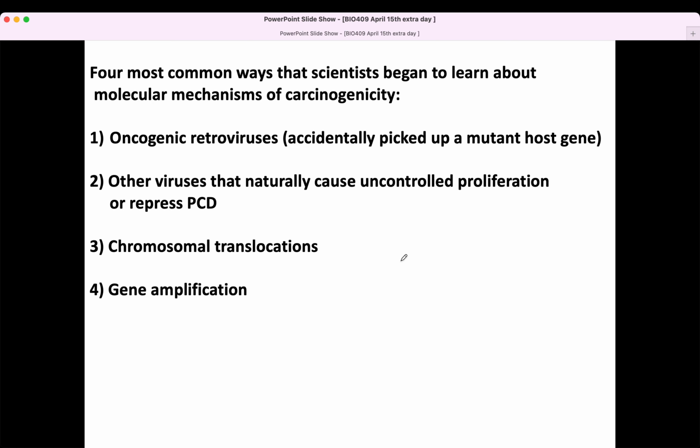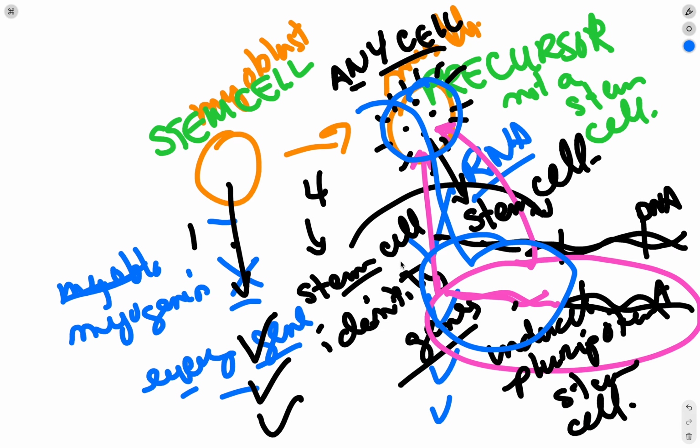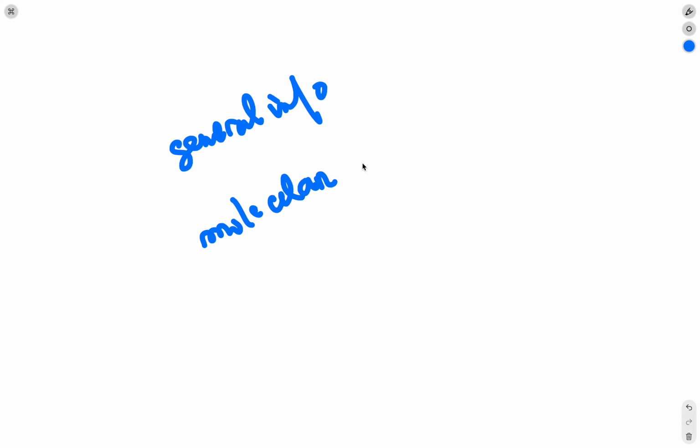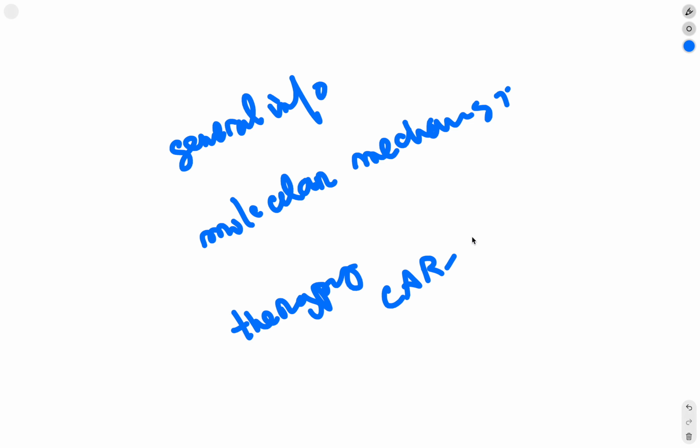And so we have the image that we've talked through, and that list of 8 features of cancer. The book is really divided into some general information about cancer, and then molecular mechanisms, and then therapy, treatment, like the CAR T-cell therapy, which I've mentioned a couple times in class, or the tamoxifen.